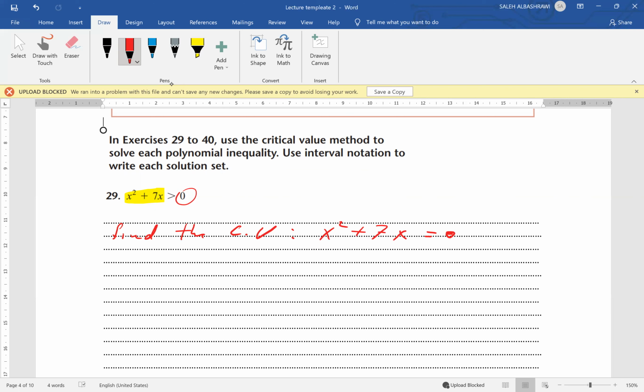I have x squared plus 7x equal to 0. To find the zeros, I will take x as a common factor, and I will have x times (x plus 7) equal to 0, which means that either x equal to 0 or x equal to minus 7. So x equal to 0, x equal to minus 7, these are the critical values. 0 and minus 7. So this is step number 1.